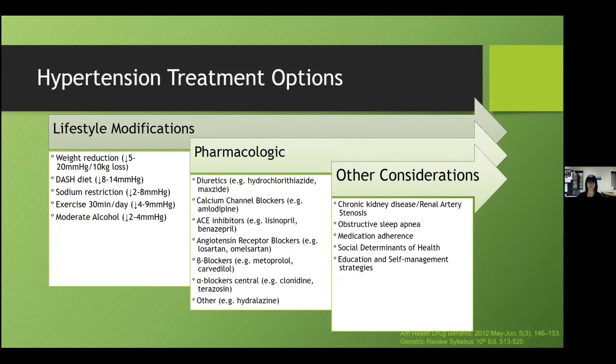Certainly something we should keep in mind for our older adults. Is a person adherent to their medications, or are there other social determinants of health impacting their ability to control their blood pressure? And then, as we'll talk about more, education and self-management strategies.